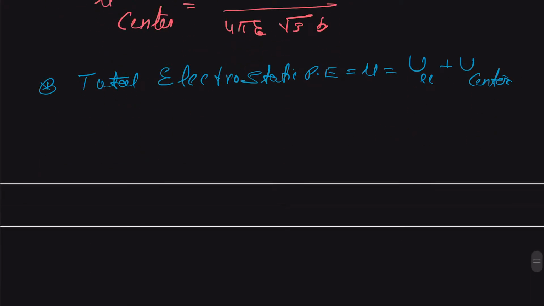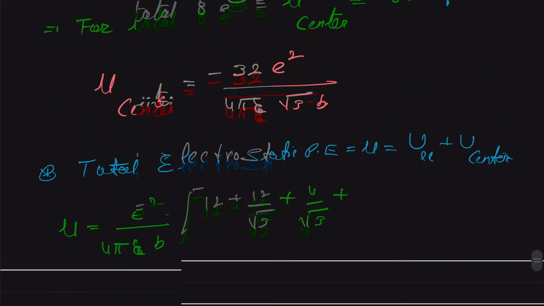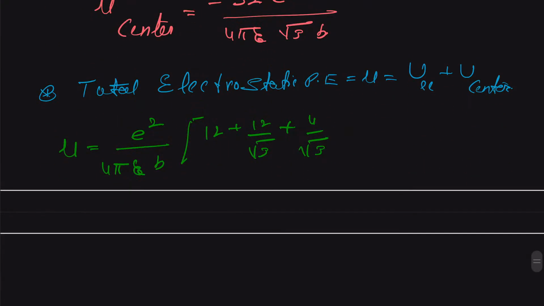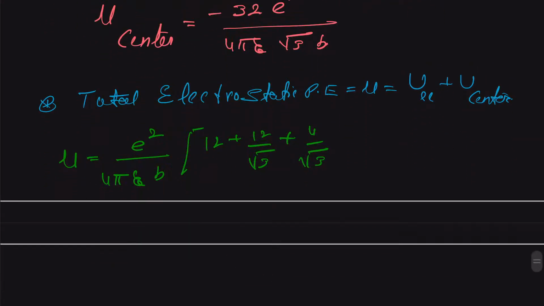We simply substitute them, and this gets us U is equal to e square upon 4 pi epsilon naught times B, and this comes as 12 plus 12 upon square root of 2 plus 4 upon square root of 3 minus 32 upon square root of 3.